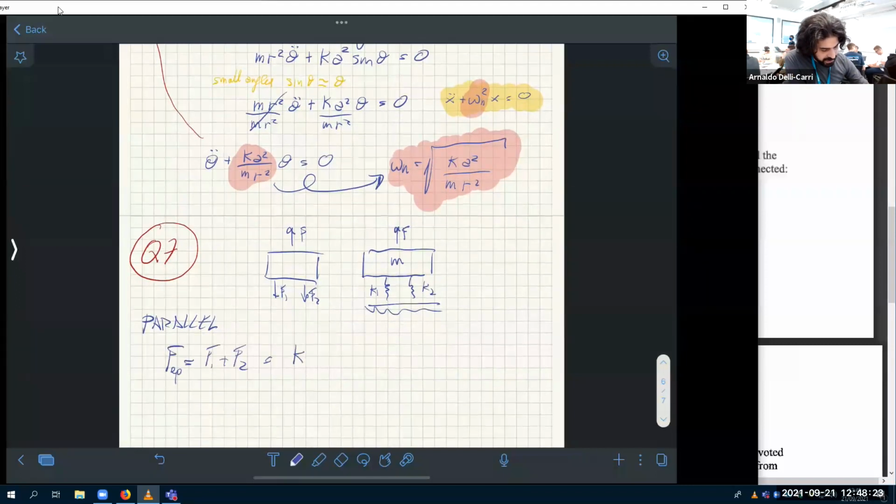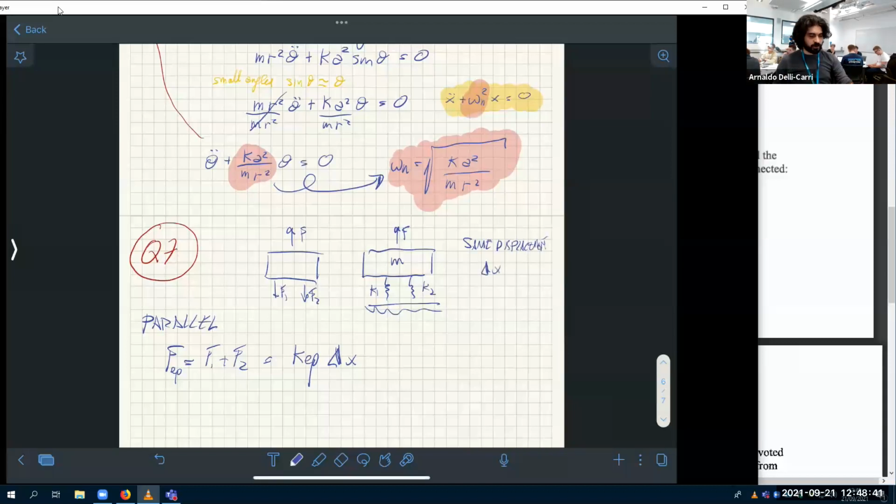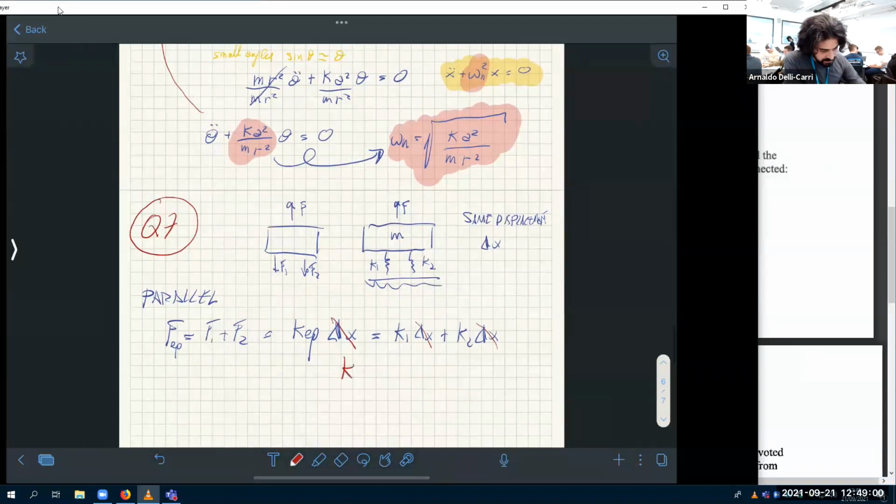So an equivalent spring of stiffness K equivalent times the displacement delta X, and they have the same displacement delta X. Because if this goes up, both springs go up by the same delta X. And this is equal to K1 delta X plus K2 delta X. And so if I get rid of the delta X's, because I can do that, I get that K equivalent equals K1 plus K2.